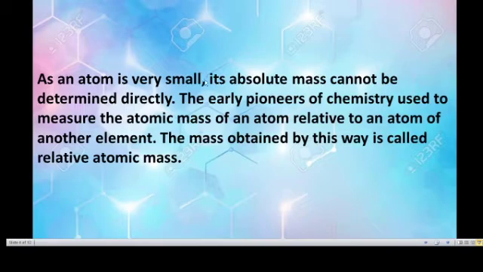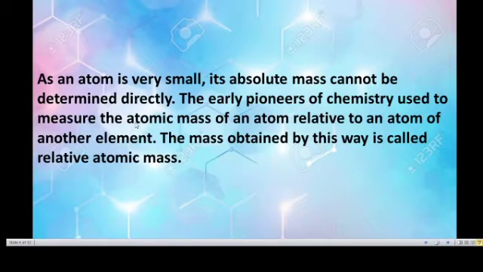As an atom is very small, its absolute mass cannot be determined directly. So the mass of the atom is not easily determined. The early pioneers of chemistry used to measure the atomic mass of an atom relative to an atom of another element.